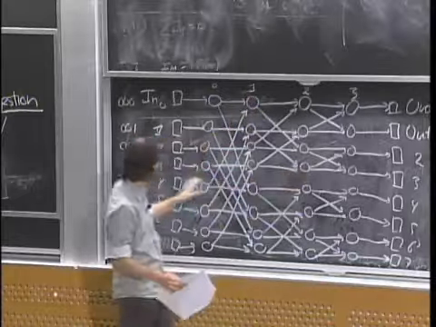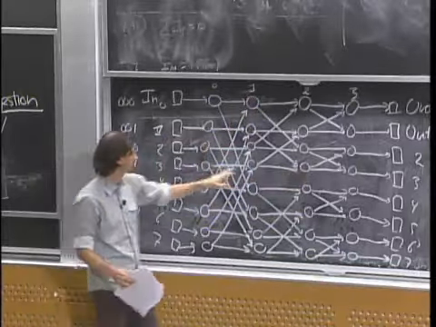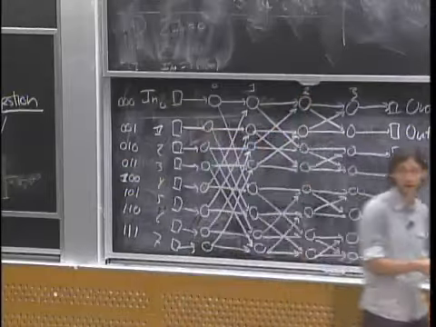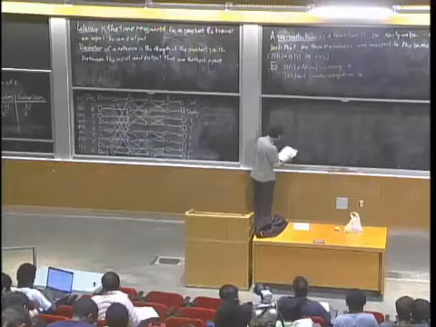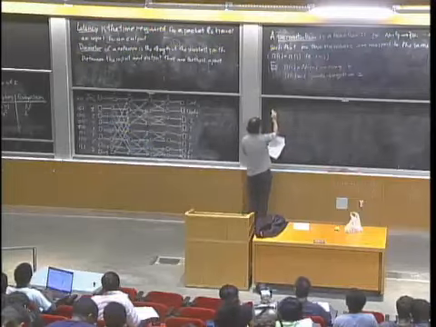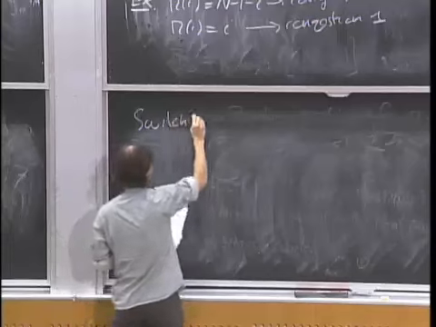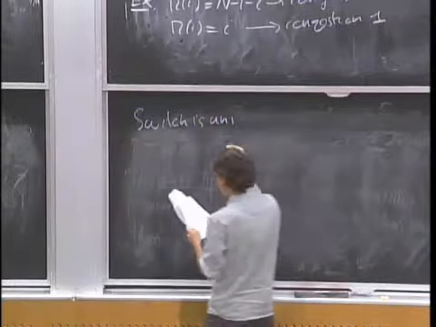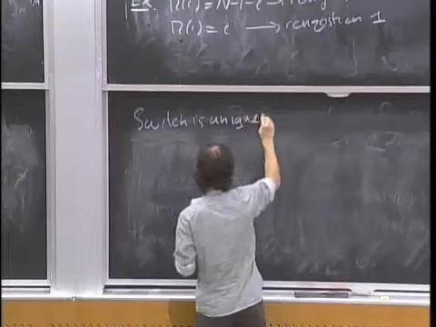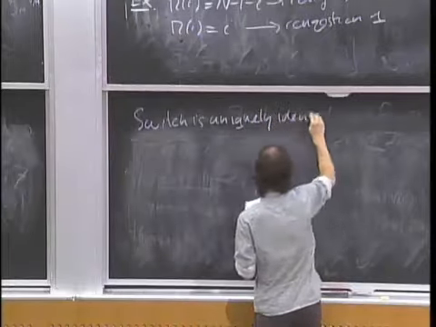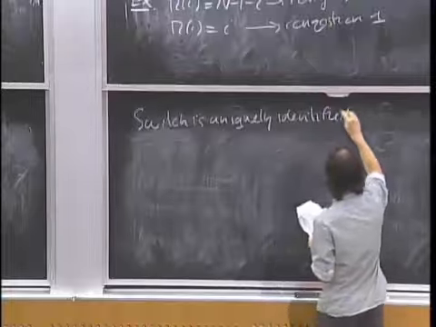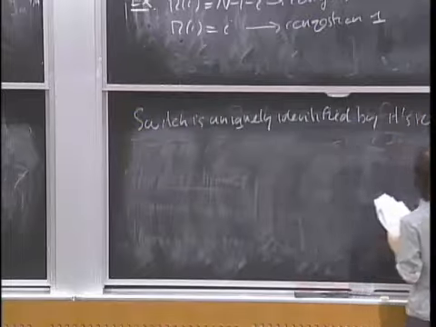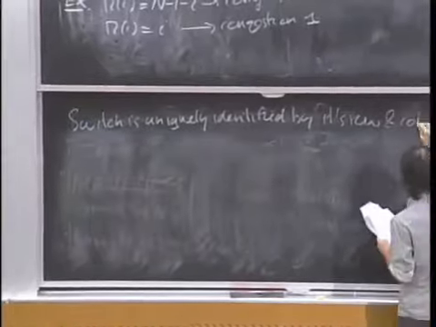This one would be 0, 1, 1, and its column is indexed by integer 2. Okay, so a switch is uniquely identified by its row and column.